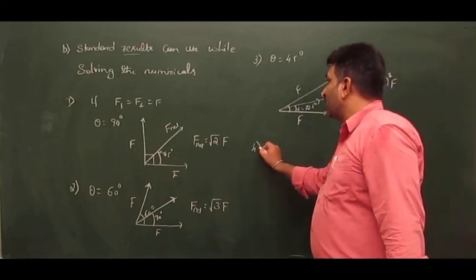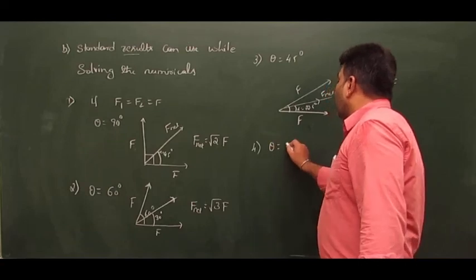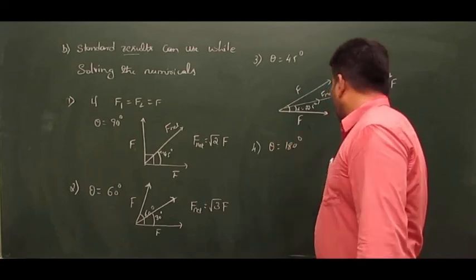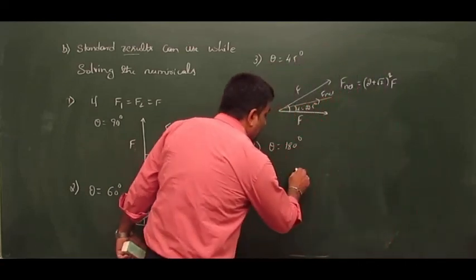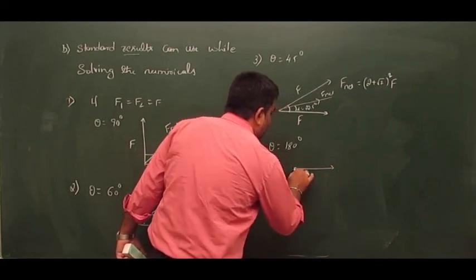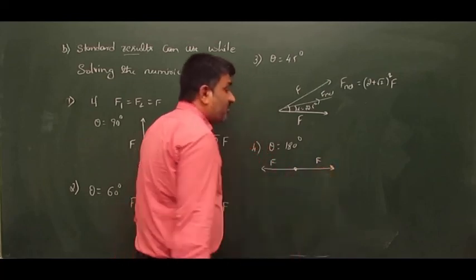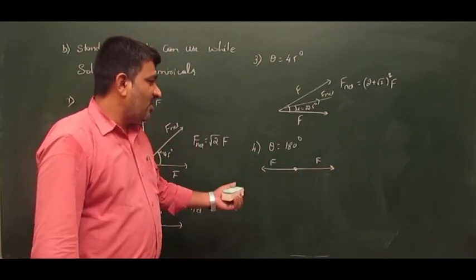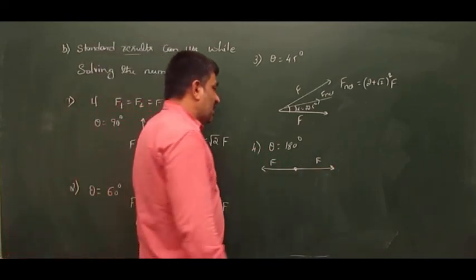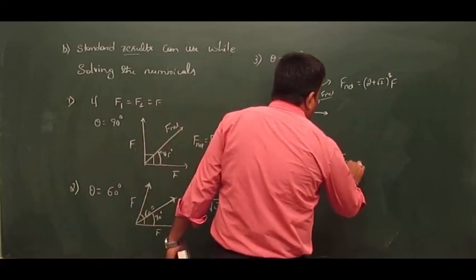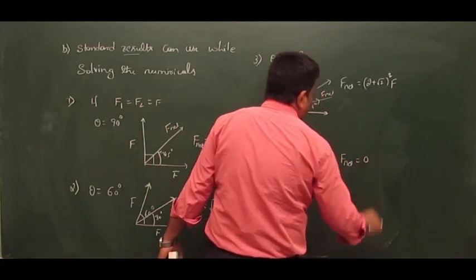And the fourth condition, if theta is equal to 180 degrees, 180 degrees means here F and F are opposite to each other. They are opposite to each other means one is positive and another one is negative. Directly we can write F net is equal to 0.